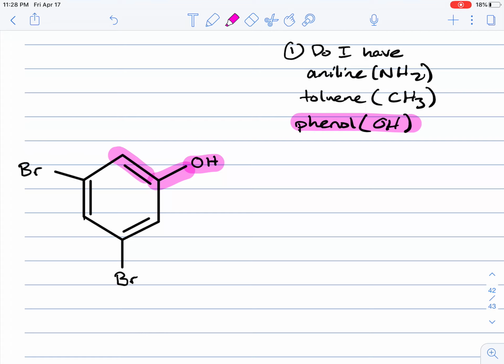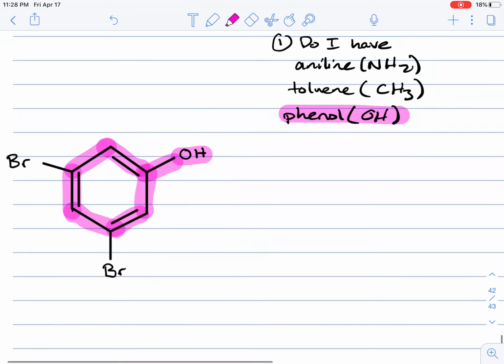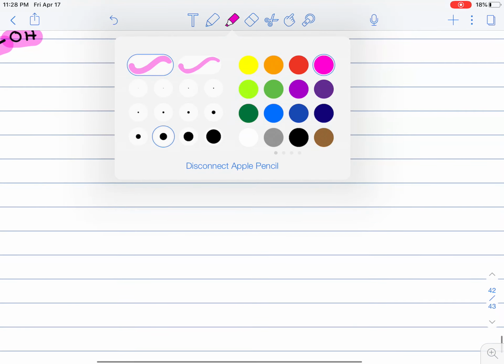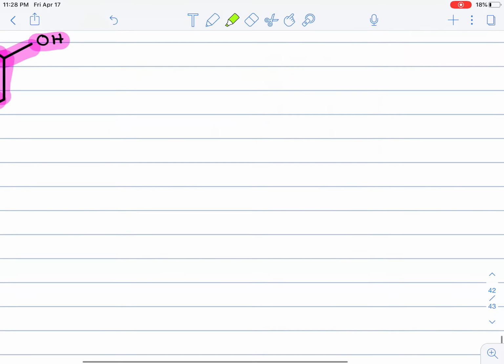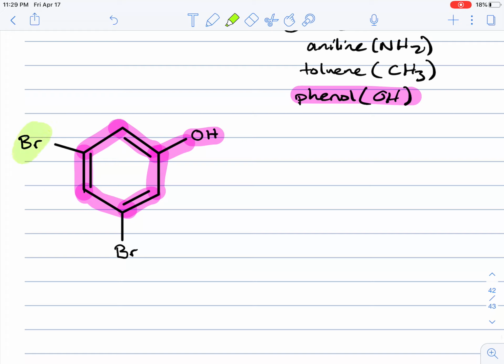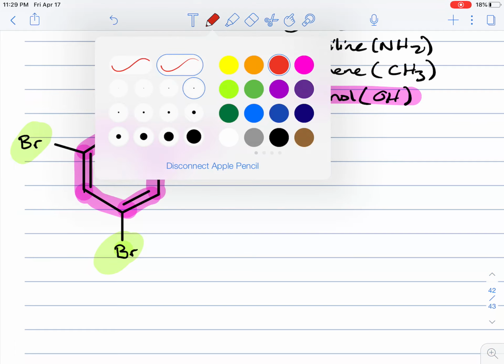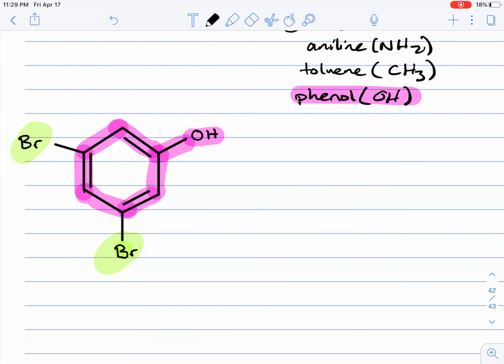And so that's going to be representative of everything I'm highlighting in pink. And everything else that's not highlighted in pink is going to be green, which is going to be my substituent. And so I'm going to go ahead and put this as my parent. That's the parent name.